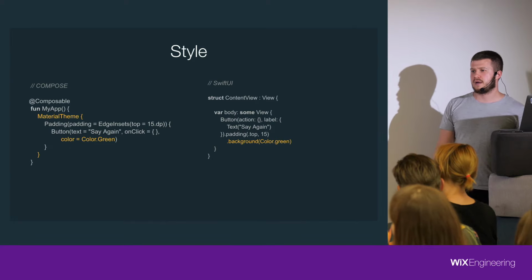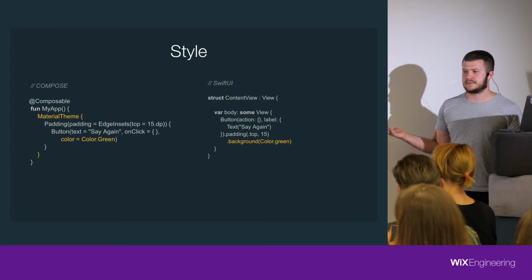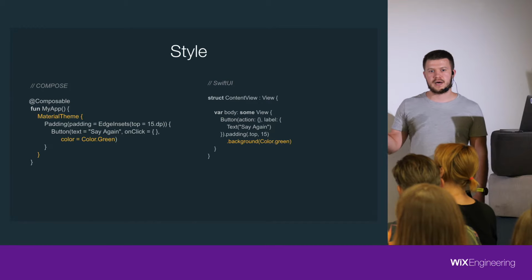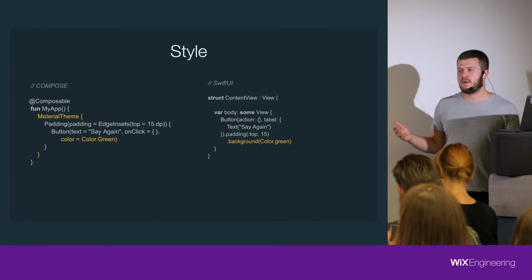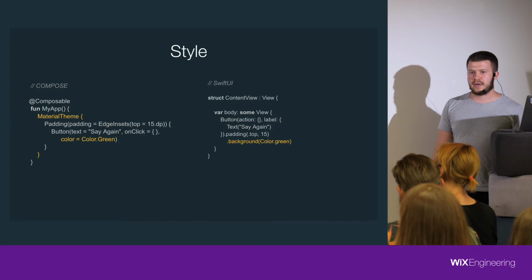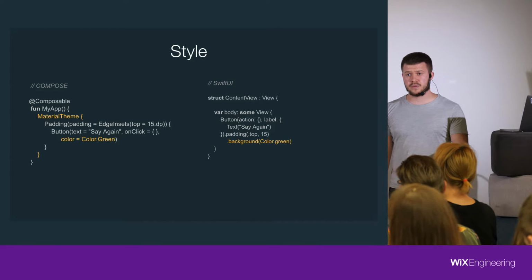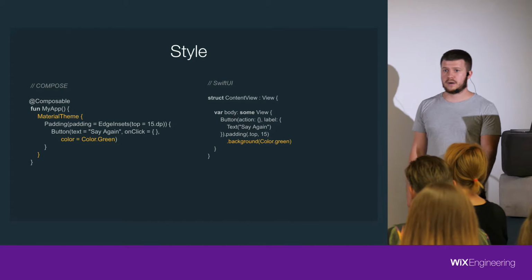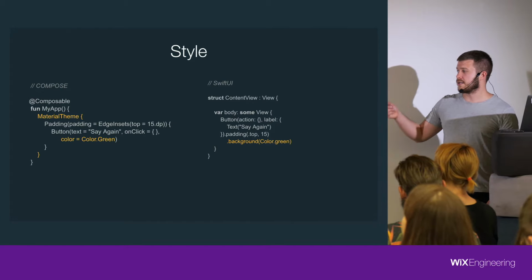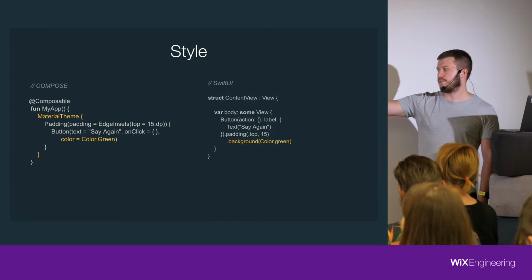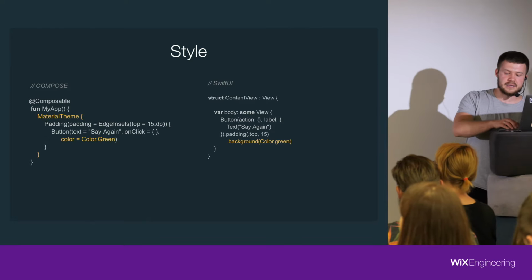So you can just pass something like I want to use a body style, I want to use H1, H2, so it's already predefined. So you don't have to think about XML, about attributes. So it's very, very simple. In SwiftUI, we also use a modifier for styling as for padding. So we use a background modifier, and we pass the color green.